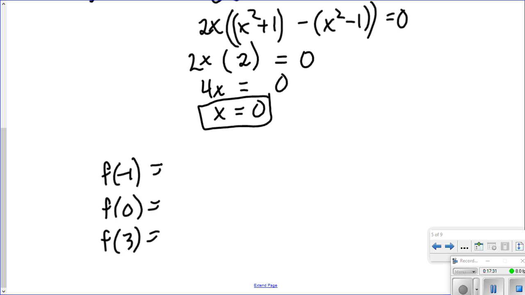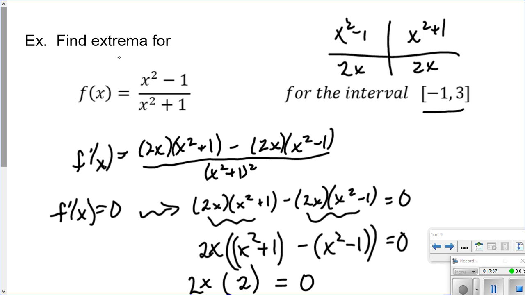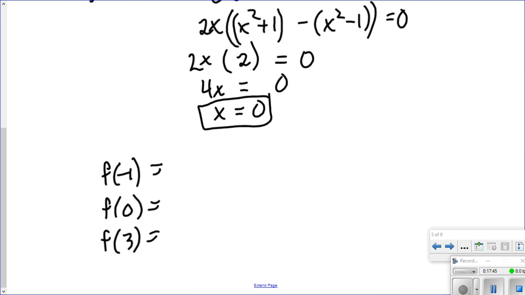A little bit of work here. Make sure you plug -1 into your original function, this original function right here. Make sure that you don't get crossed up with the derivative function.